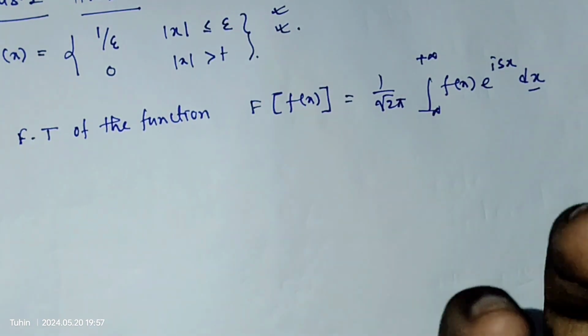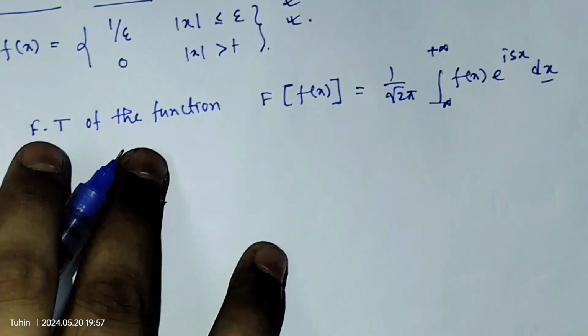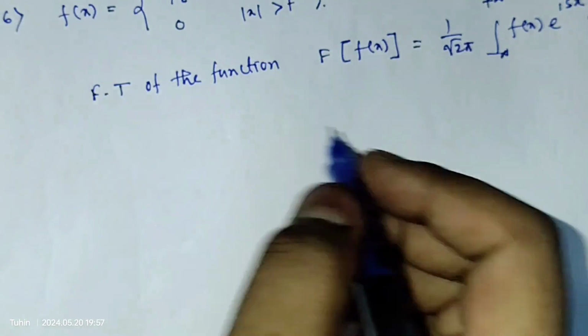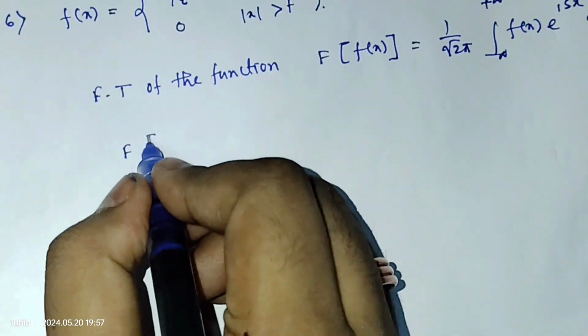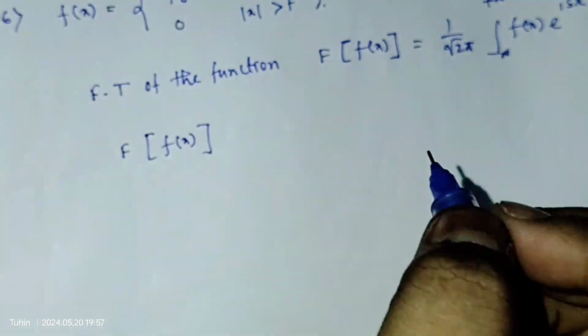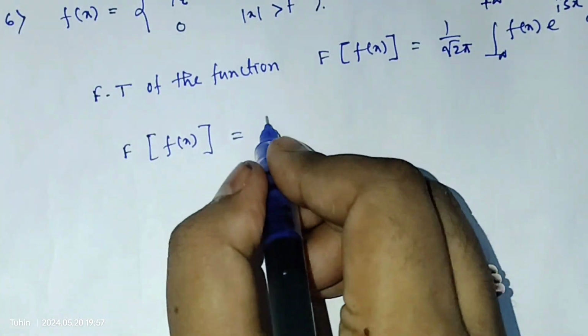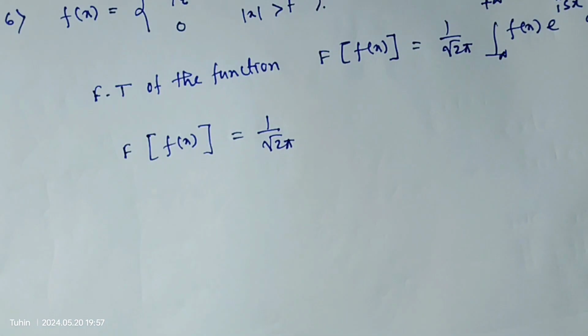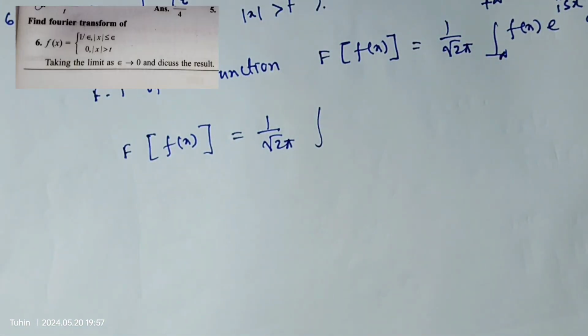So I need to break this function first. The Fourier transform of f of x: I will substitute 1 by root 2 pi, as the formula says. Then you can see that mod x is less than or equal to epsilon, so the limits will be minus epsilon to plus epsilon, because this is a mod function.